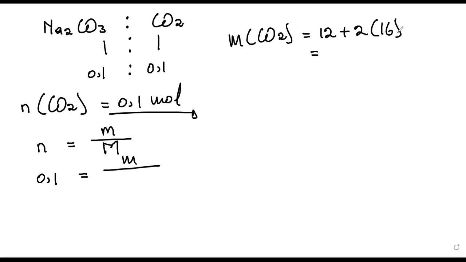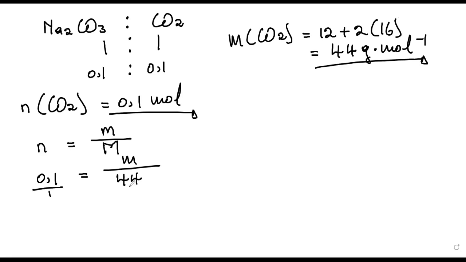So how much is 32 plus 12? So it's just going to be 44 grams per mole, like that. So we have the molar mass of carbon dioxide. We come and substitute the molar mass into this equation. So if I must solve for m, I can just cross multiply. It's the easiest.